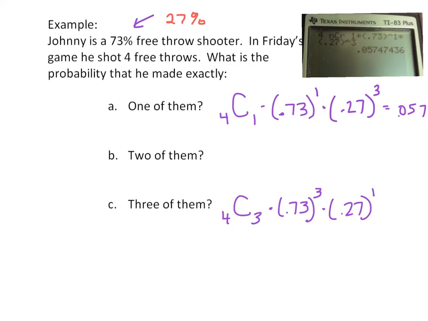Well, the remaining 1 shot that he didn't make. This time, it's way more likely. It's 0.420. So about 42% chance that he will make 3 out of his 4 free throws in Friday's game.